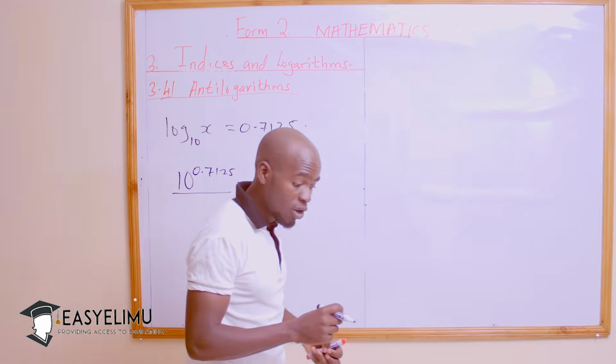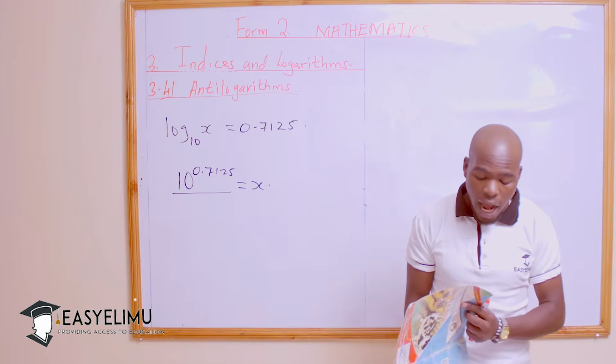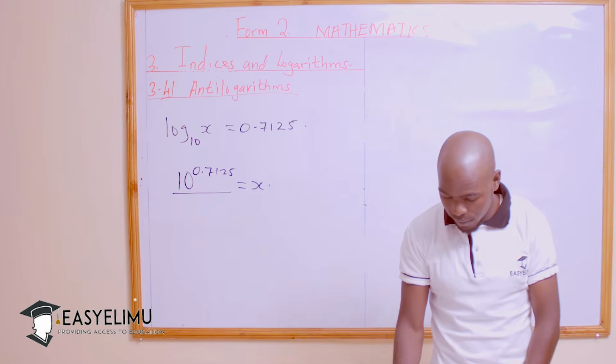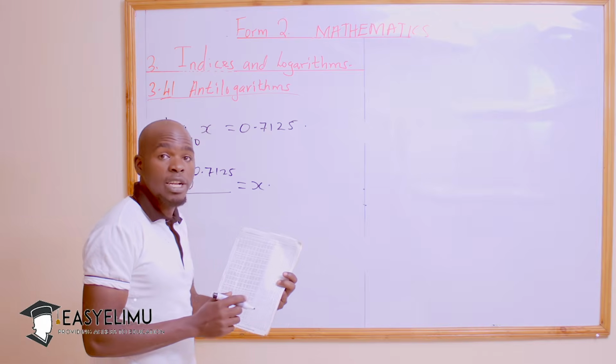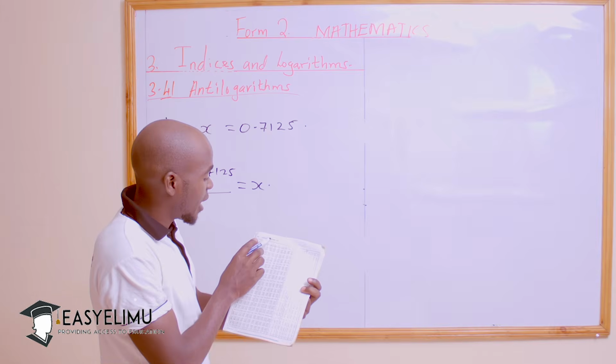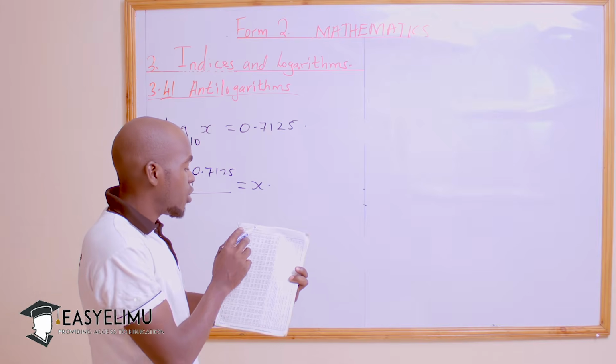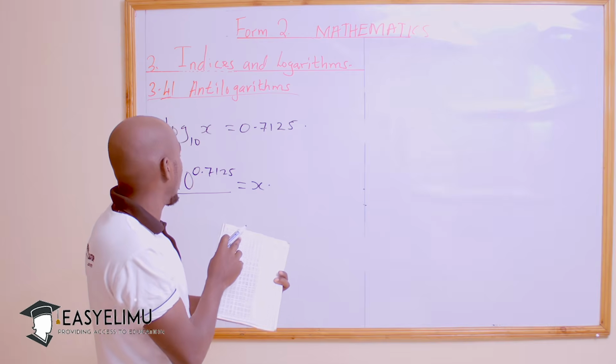Let's use the anti-logarithm table and see how it will help us. Now we have the anti-logarithm table here, and on top of it is written anti-logarithms, and in brackets 10 raised to x.